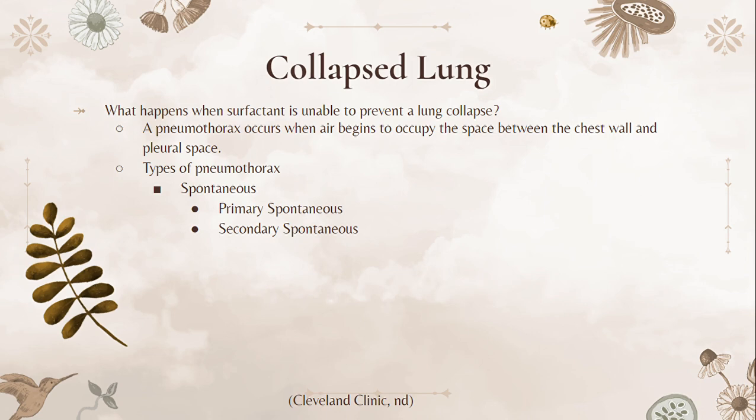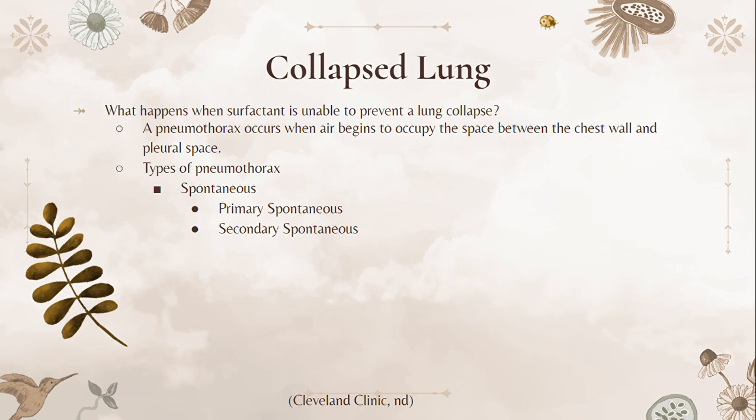A spontaneous pneumothorax is one that comes out of nowhere. It just happens. An injury didn't cause it. A primary spontaneous pneumothorax happens with no underlying health conditions or diseases. This can occur when abnormal air pockets called blebs break and release air into the chest cavity, or in between the chest wall and the pleural space.